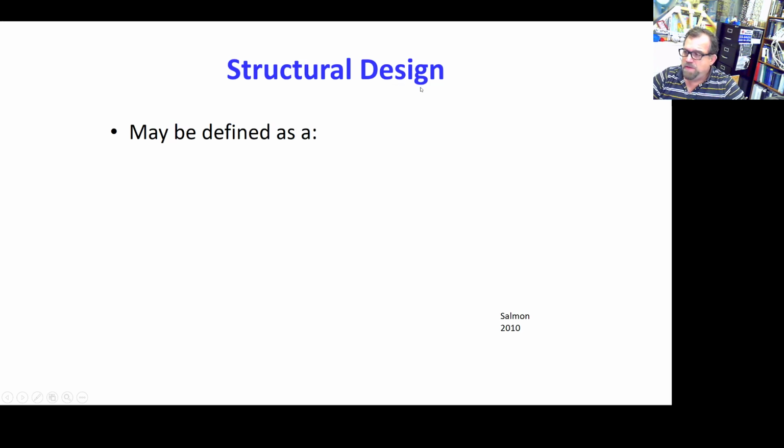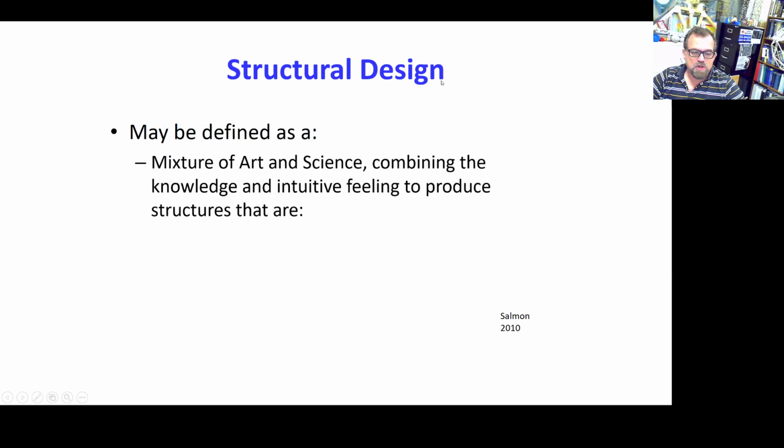And I'm going to start defining what a structural design is. This is a concept from Salmon, and there's a bunch of poetry here, if you will. But Salmon defined structural design as a mixture of art and science, combining knowledge and intuitive feeling to produce structures that, and this is the poetry behind the definition.